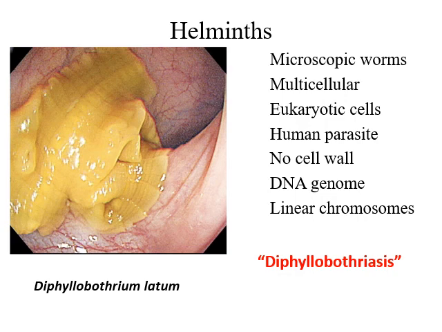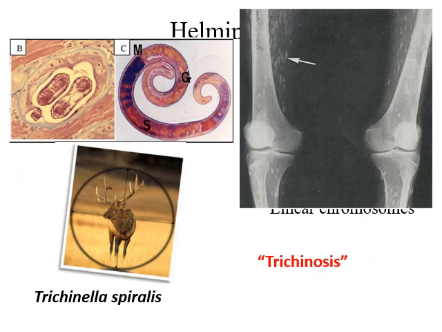Okay, so the disease that's caused by Diphyllobothrium latum is called Diphyllobothriasis. There's another type of worm called a nematode worm called Trichinella spiralis. And Trichinella spiralis you can catch if you eat wild meat that you have hunted.